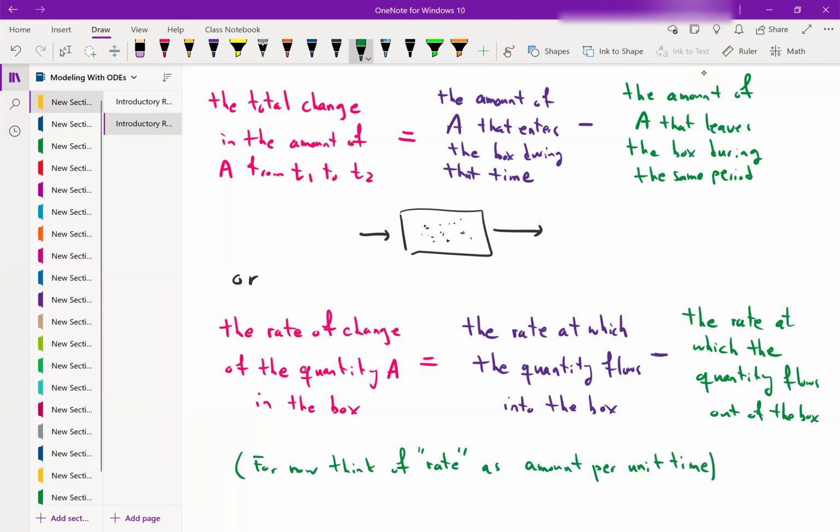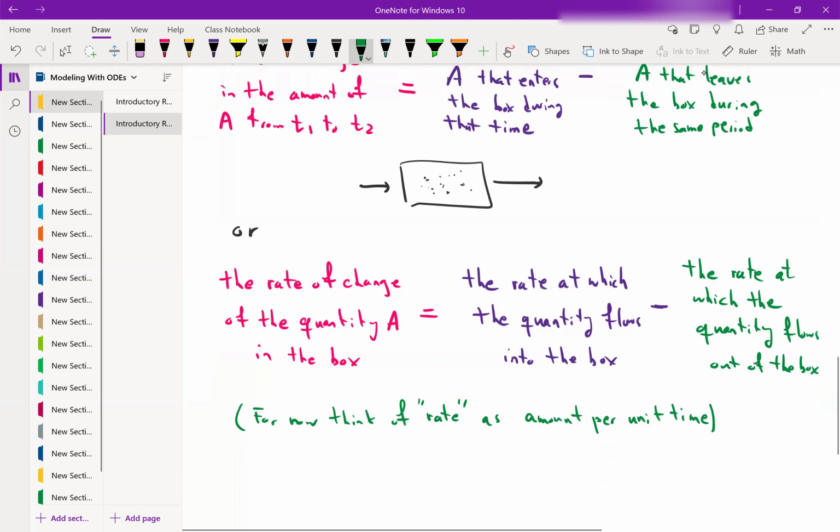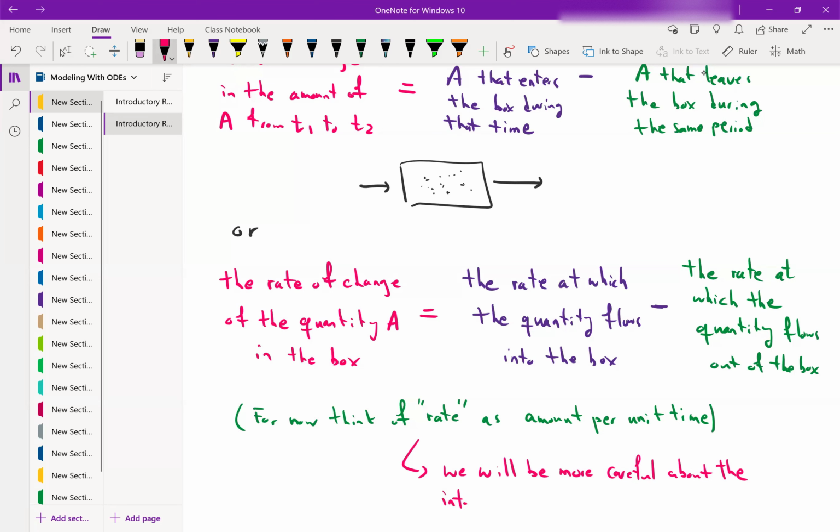We will be more careful about the interpretation of this term very soon.